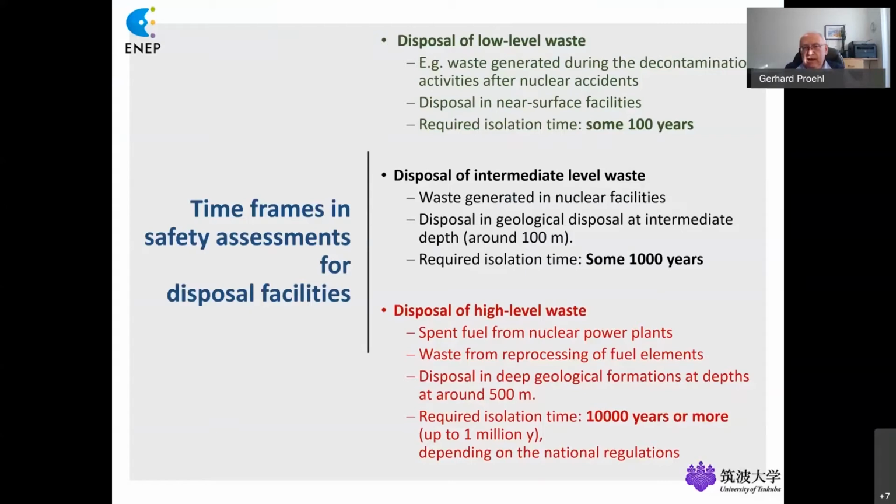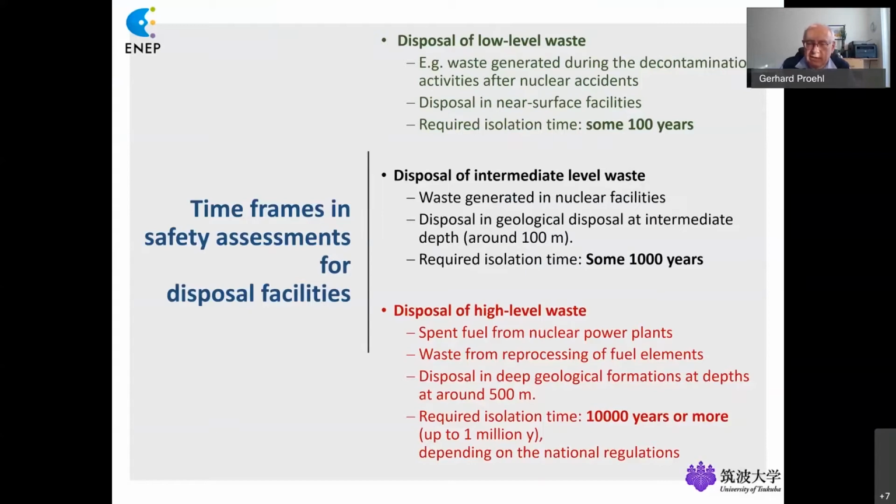First of all, we have disposal of low-level waste. This is, for example, waste which is generated during the decontamination activities after a nuclear accident. I mean, one example is after the Chernobyl accident or after the accident in the Fukushima nuclear power plant.